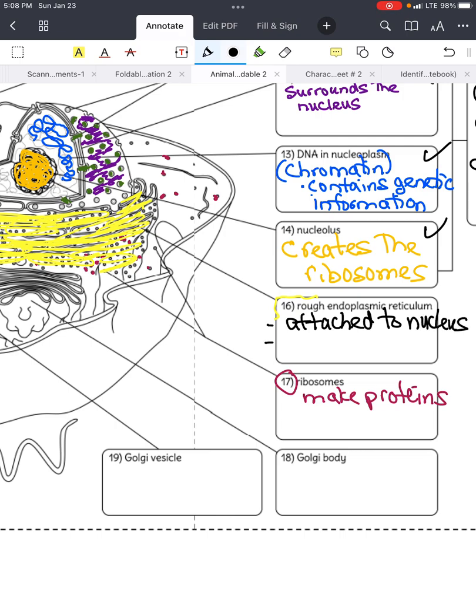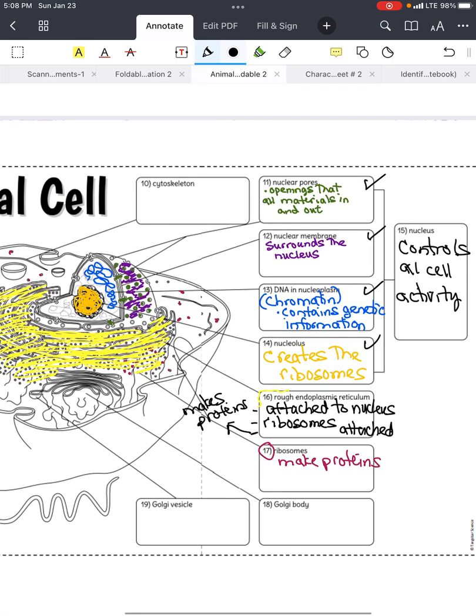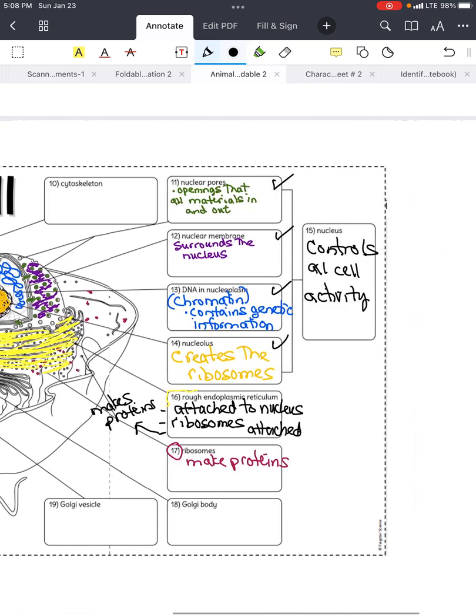It's called rough ER because it has ribosomes attached. And because it has ribosomes attached, its other job is it also makes our proteins. All right.